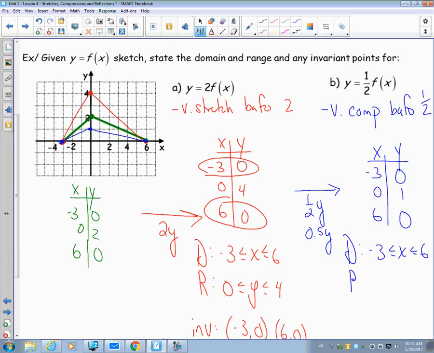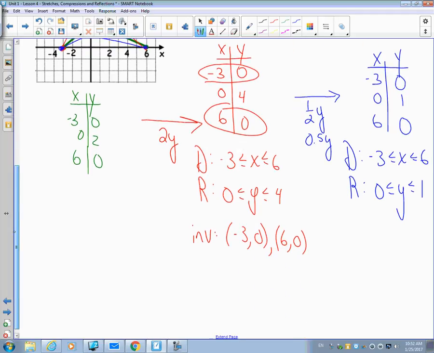Our range has been compressed. So now instead of going all the way up to 2, it only goes up to 1. Do we have any invariant points? Sure do. Our invariant points are the same ones we had previously on the x-axis. A little hint for you, when you stretch or compress or reflect things vertically, the x-axis points will always remain invariant because you're multiplying by 0.